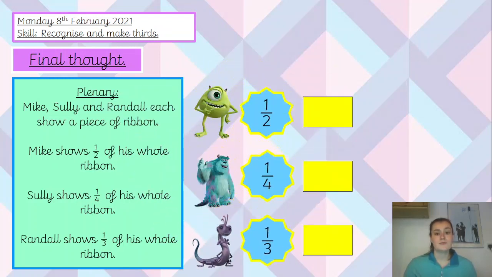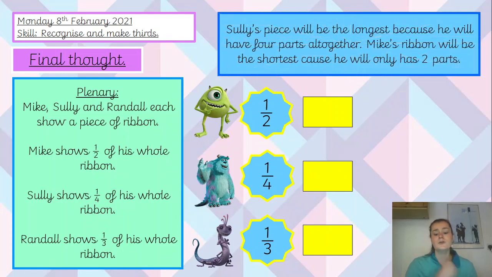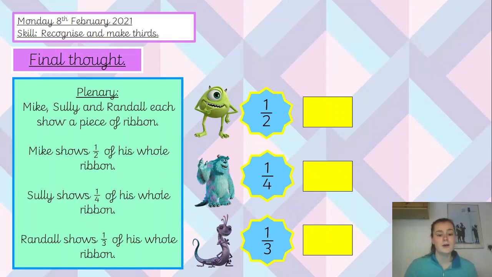So my question for you then is, whose piece will be the longest out of these pieces of ribbon? So Mike's only got half, Sully has got 1/4 that you can see, and Randall has got 1/3. If you could see the whole piece of their ribbon, because they're only showing you a fraction, who would have the longest piece? So you can pause the video and have a go at that now.